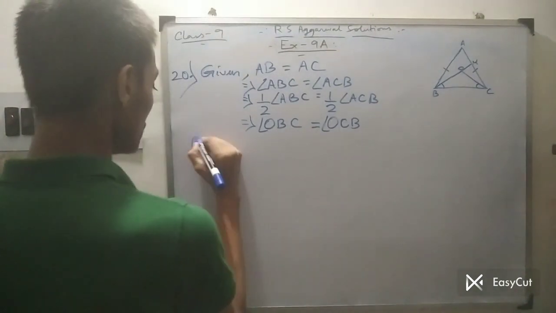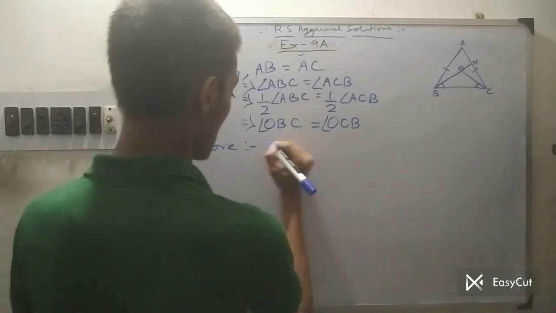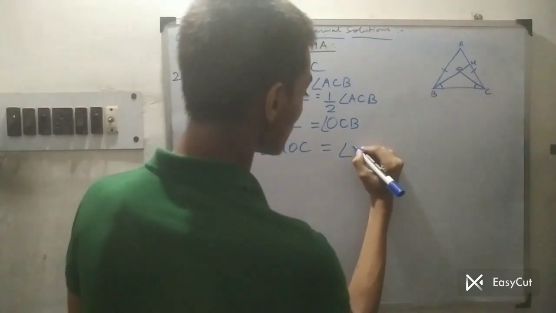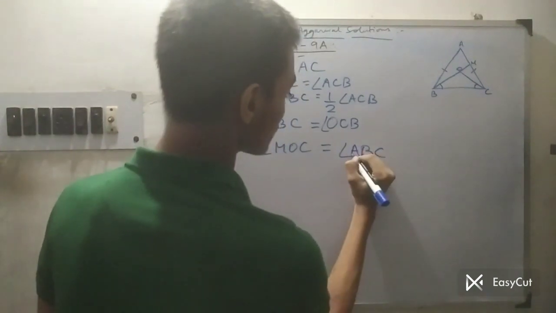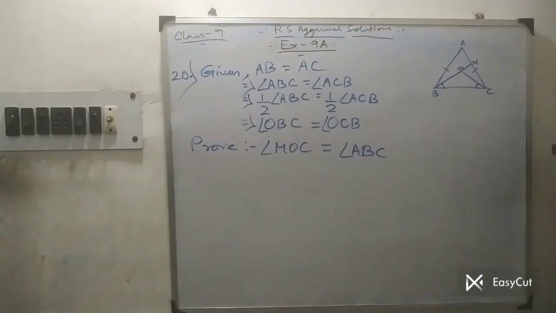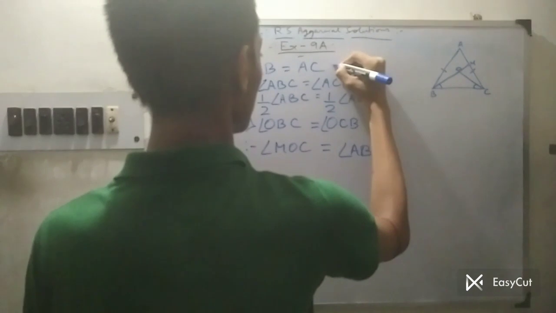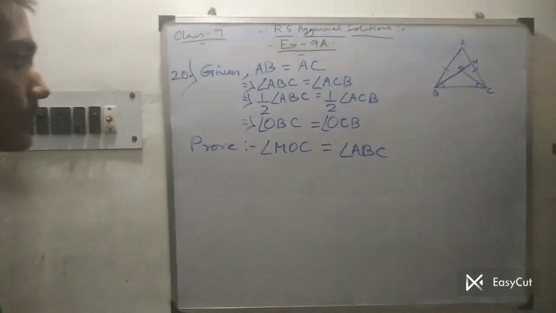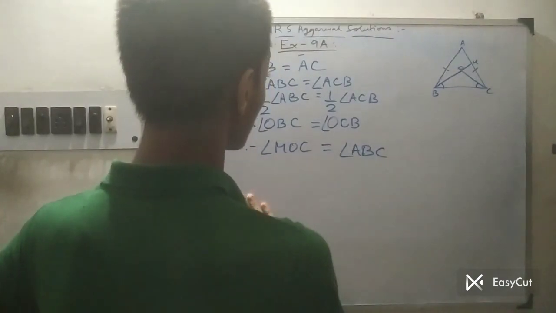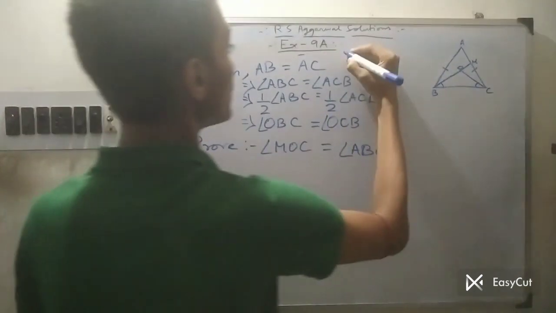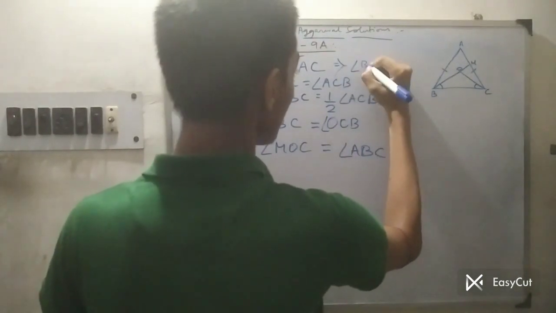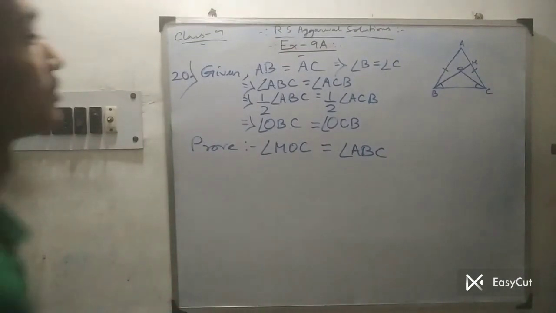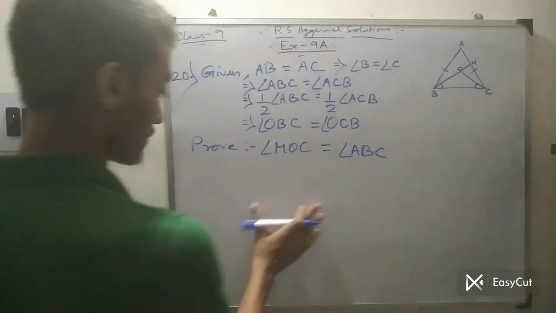Now what we have to prove? Angle MOC is equal to angle ABC. Now here you can add one more step, that is angle B is equal to angle C. Okay, now we have to prove this.